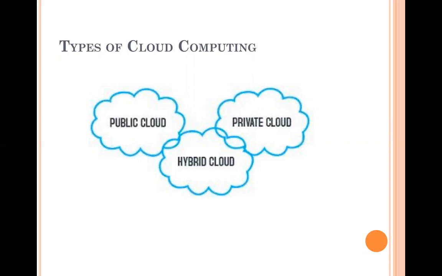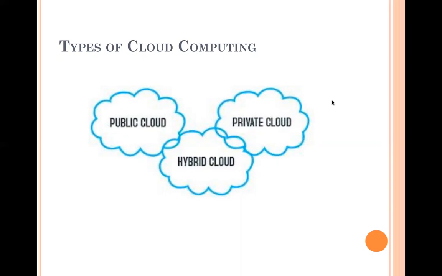What is public cloud actually? As the name suggests, the public cloud is open to all to store and access information via the internet using the pay-per-use method. Public cloud is open to all types of users.